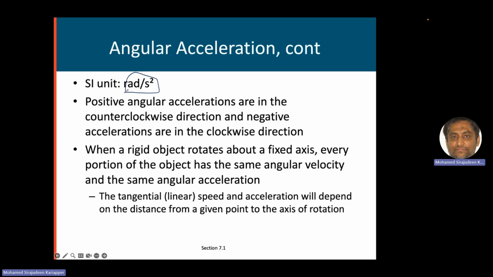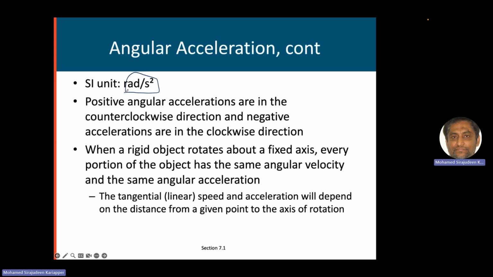If the elevator is going up with increasing speed, acceleration is in the same direction. But if the elevator is going up with decreasing speed, although it is going up, acceleration direction is not in the velocity direction, it will be in the opposite direction. We have the same thing here, but I will demonstrate it better with some simulation, probably in the next slide.